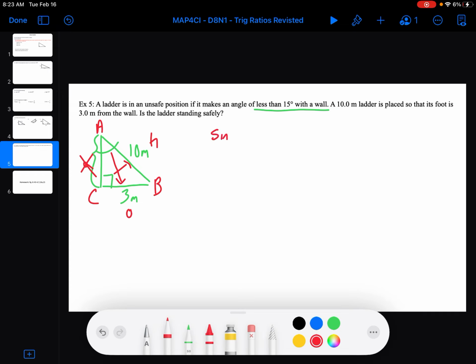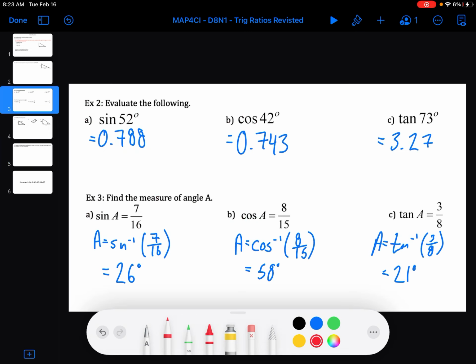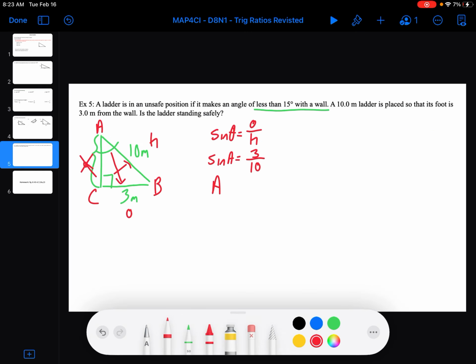So sine theta equals opposite over hypotenuse. We're going to have sine A, I'll call it A this time, is 3 over 10. And then remember from this slide, we have to do the inverse to find out our angle. So we're going to have sine inverse of 3 over 10.